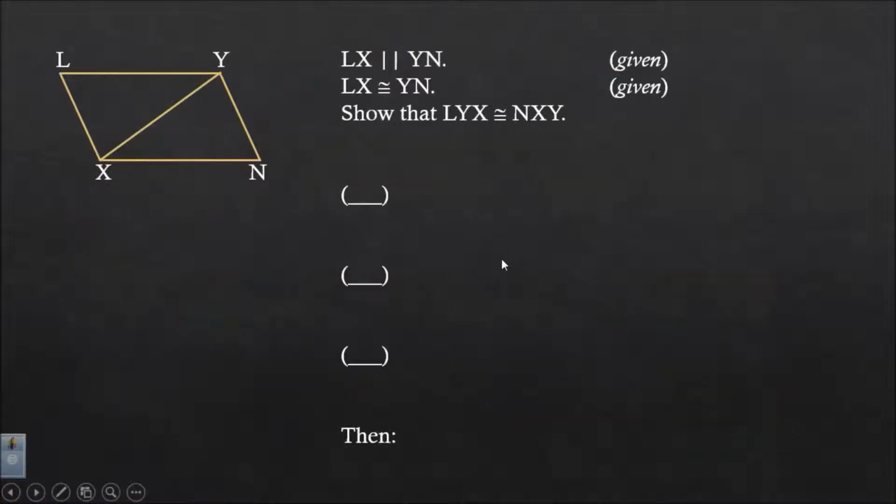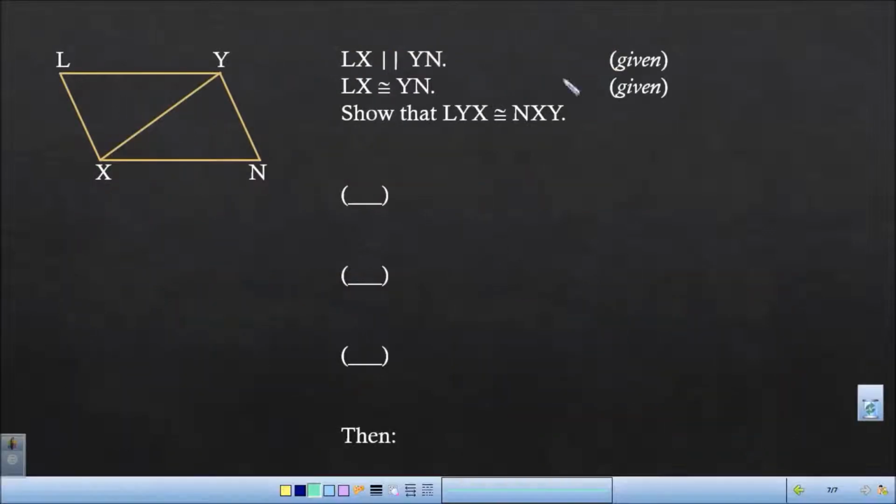All right, so here's our setup. We have a reflexive side right here, XY. LX being parallel to YN produces an angle. Parallel lines produce congruent angles. And then, of course, this is a set of congruent sides. So I have the potential for this to be a side angle side proof.